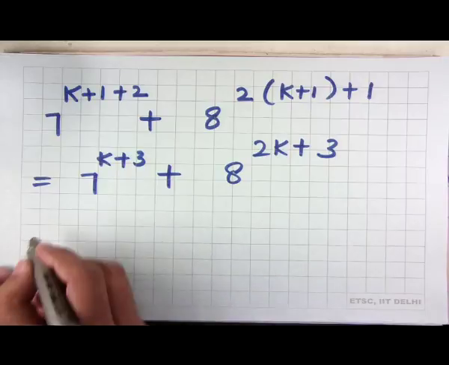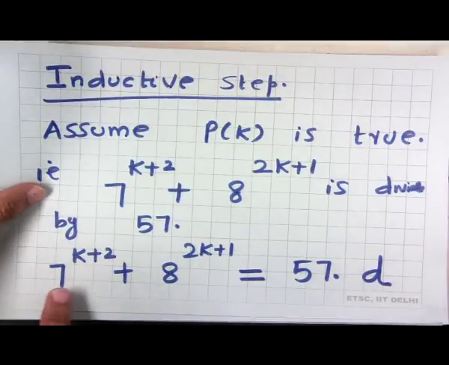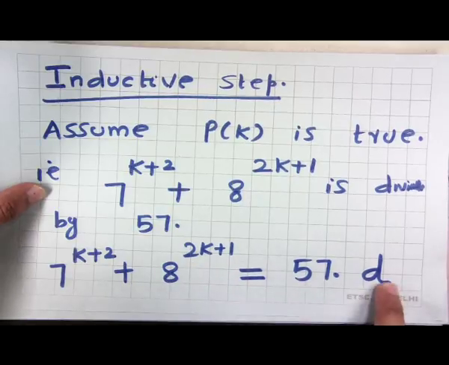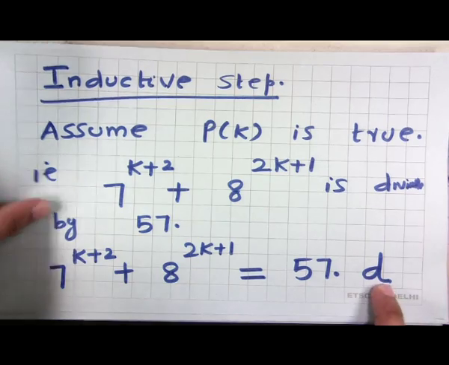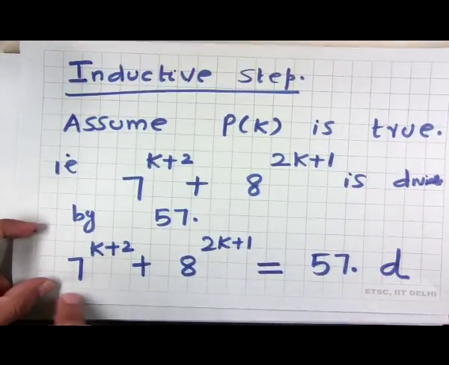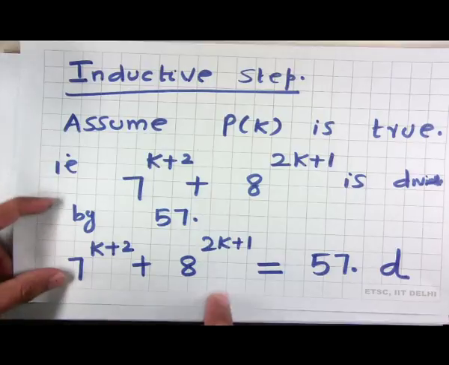Recall that by the induction hypothesis, 7 power k plus 2 plus 8 power 2k plus 1 is equal to 57 into a non-negative integer. So, let us try to correlate the expression we have with this assumption.